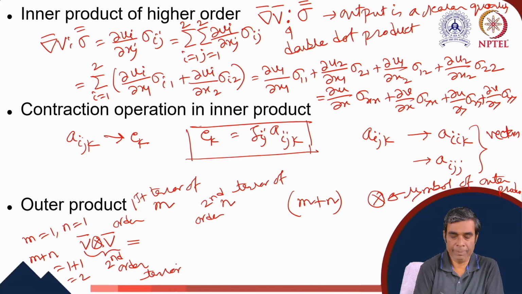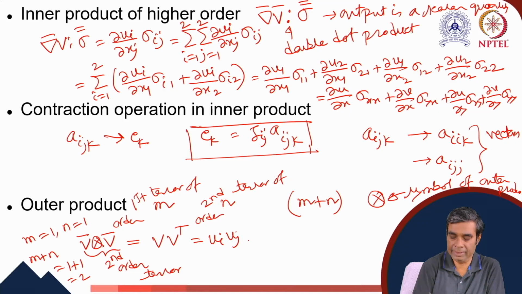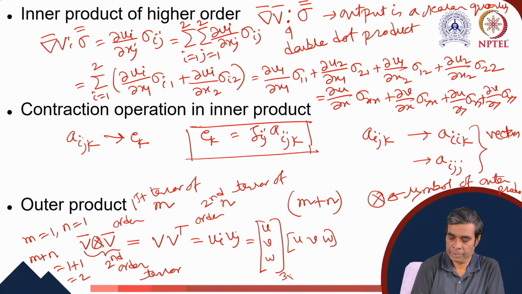So this V bar outer product V bar can be written as V V transpose. We can write it as U_i U_j using the indicial notation, and then as (U, V, W) with (U, V, W), 3 rows 1 column times 1 row 3 columns.